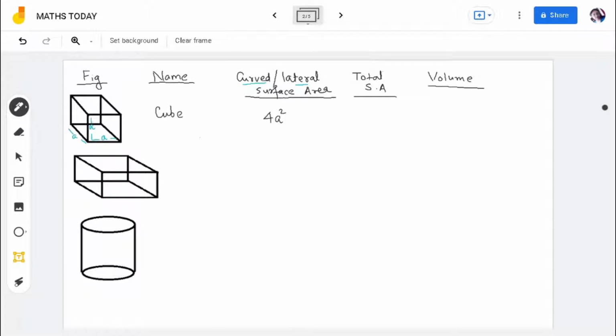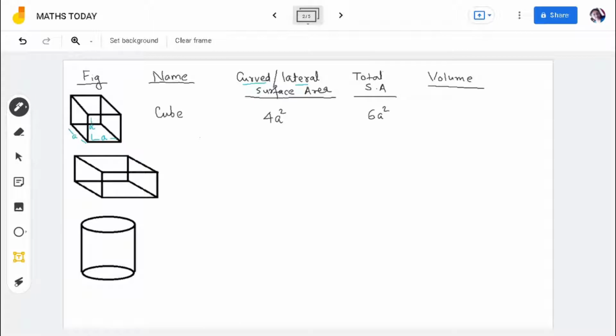Similarly, for the bottom the sides are A and A, so the area of the bottom will be A square. So to 4a square we add 2a square, and the total surface area will become 6a square. In this way, we have found the curved surface and the total surface area of the cube.